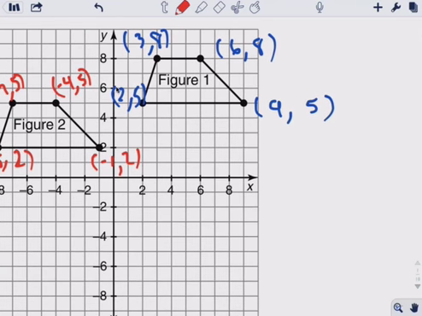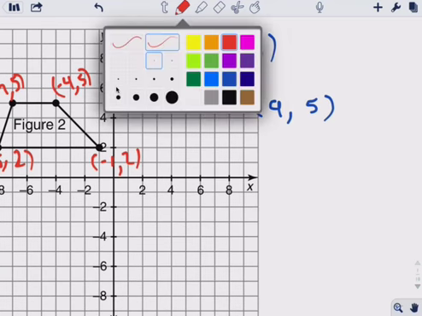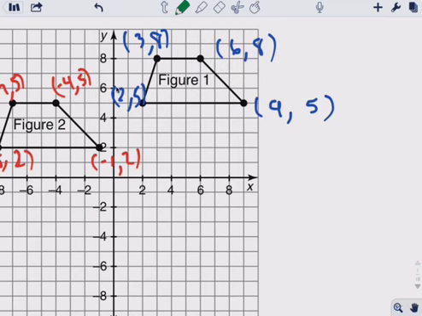Alright? Well, let's look at the first coordinate here. The x went from 9 to negative 1. So it must shift left. If it shifts left, it's a minus. X minus what gets you a negative 1?